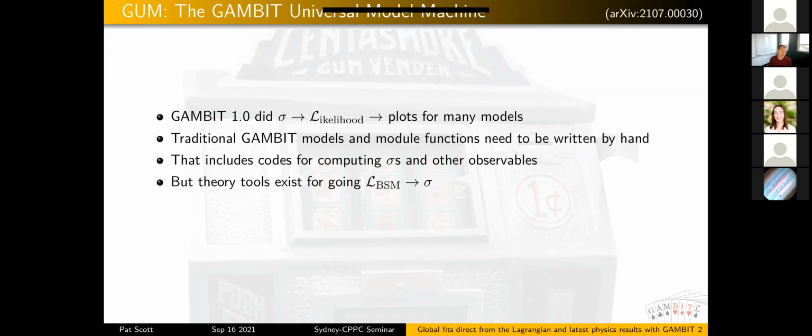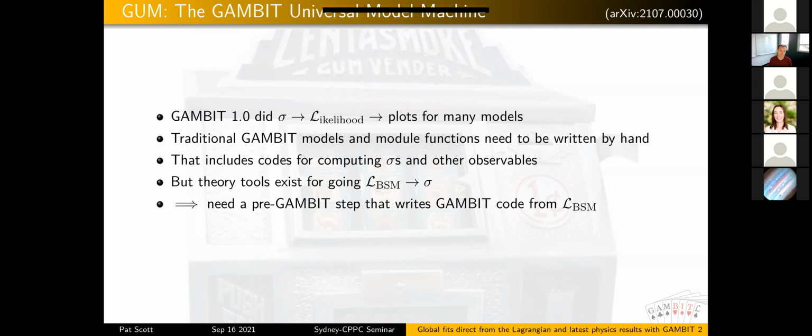Part of the reason we went for that was that tools did exist for doing the top end of the calculation. But in the first version of GAMBIT, we decided to focus on getting the whole tool chain working nicely for the bottom end. The plan was always to come back and hook up all of the theory tools further up the chain in version 2. So that's what we did with this GAMBIT Universal Model Machine.